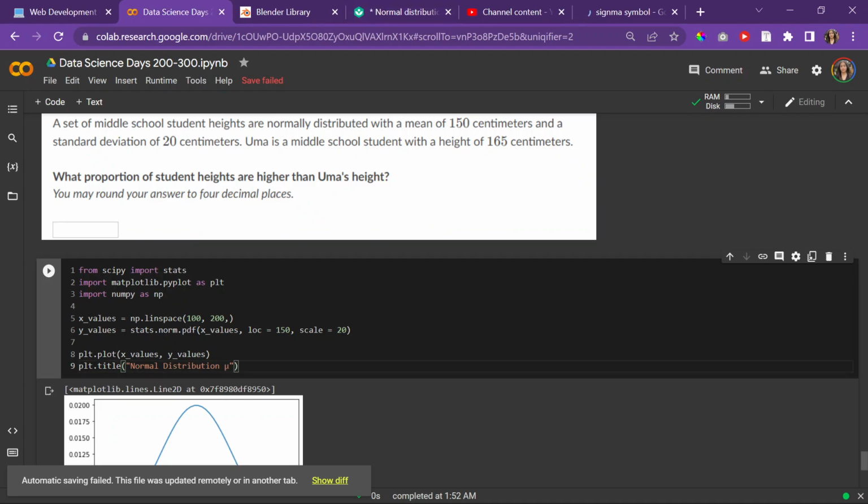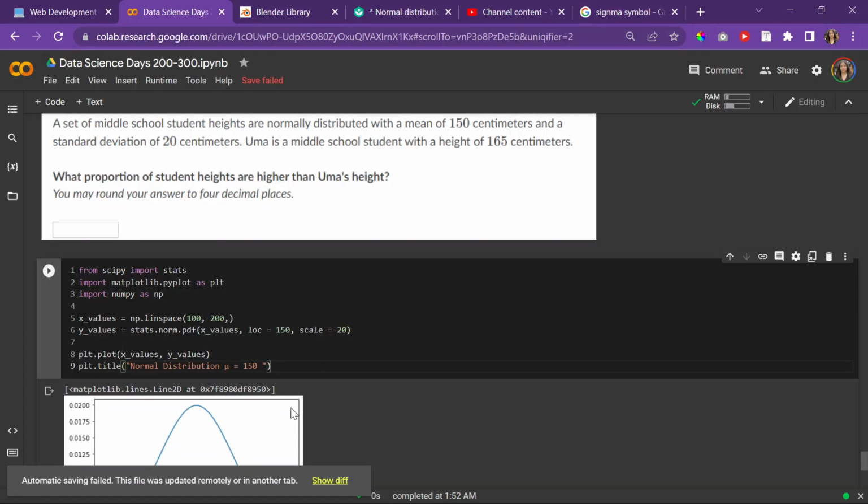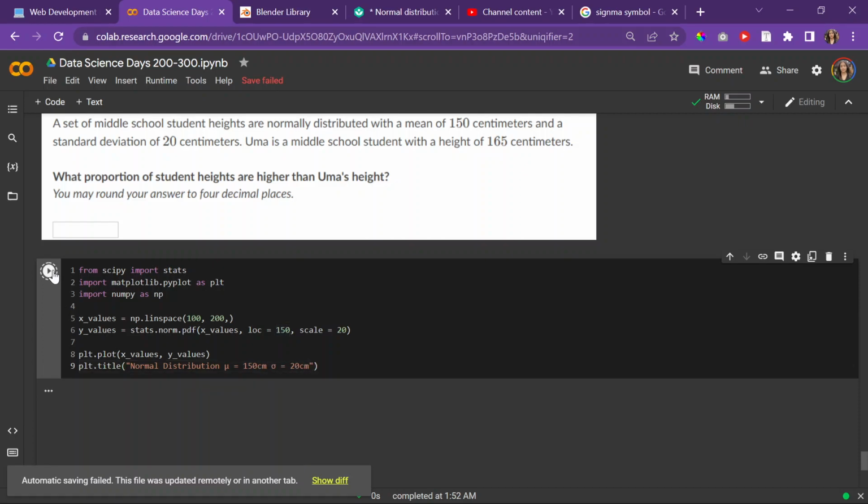So with a mu, which is mean, of 150, and a sigma of 20 centimeters. Let's put this in context, 150 centimeters.